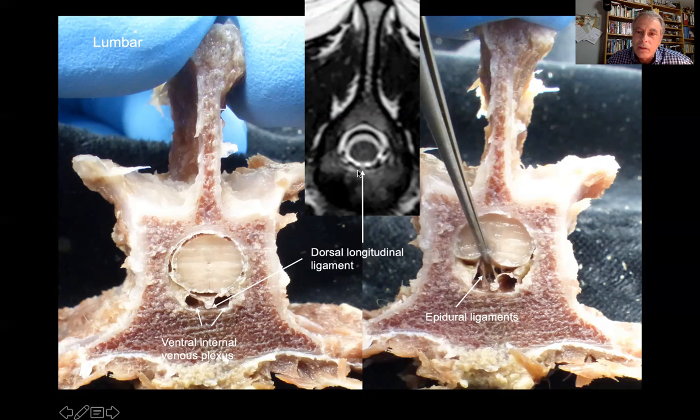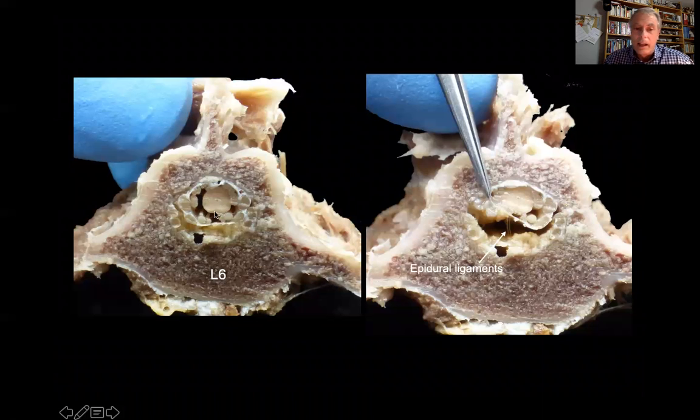And then as we move the inner layer, we identify as well these epidural ligaments. And remember, they are very important to allow the movement of the spinal cord inside the vertebral canal. Caudally, at the level of the cauda equina, they are also present, but they are not as dense as at the cervical level.